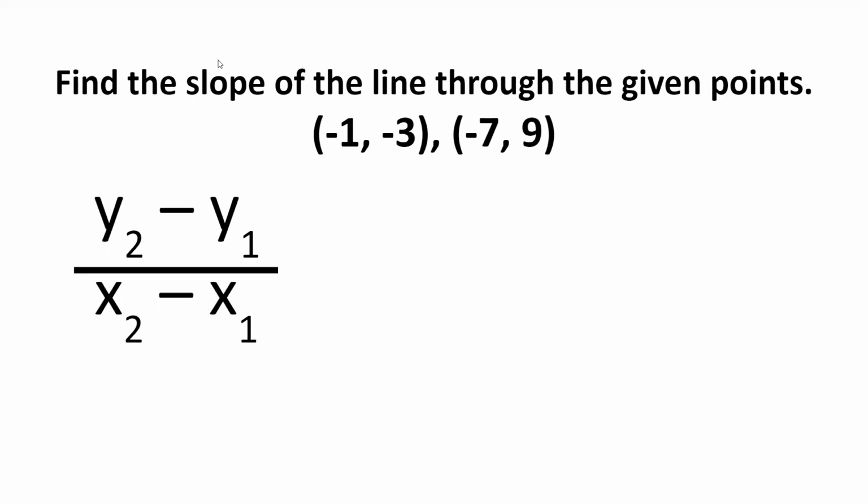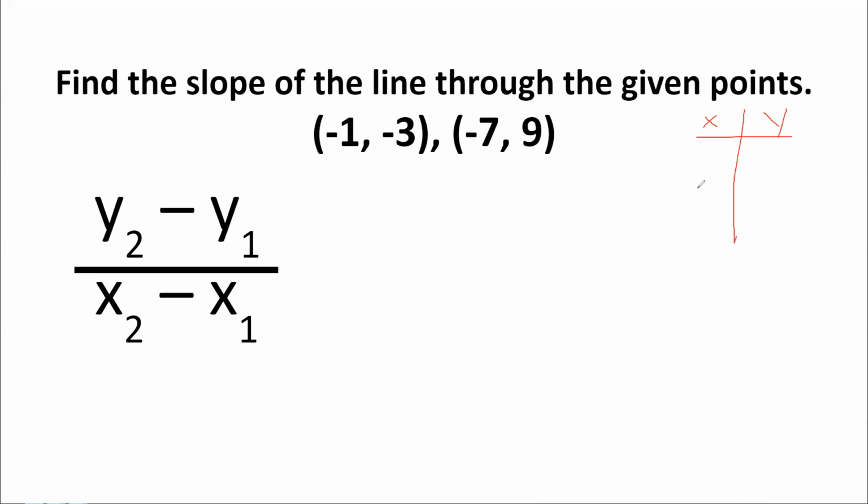If you, for whatever reason, like looking at that table more than you like looking at those 2 points, you can always make yourself a table. So we can say x, y, and then we can say for this first point here, our x is -1 and our y is -3. For our second point here, our x is -7 and our y is +9.